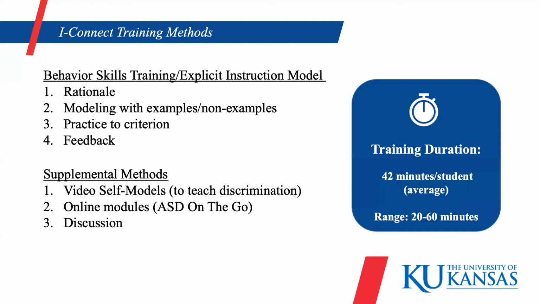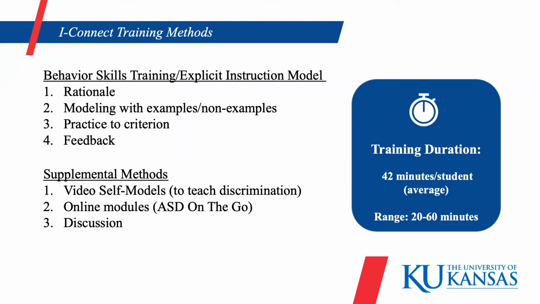So we did a meta-analysis recently to look at the different training methods that were used to train students to use IConnect. Most commonly, a behavior skills training or explicit instruction model was used. And these methods are great. They're models that I'm sure are familiar to lots of teachers, and they're really useful. Kids find them to be very effective to learn various skills.